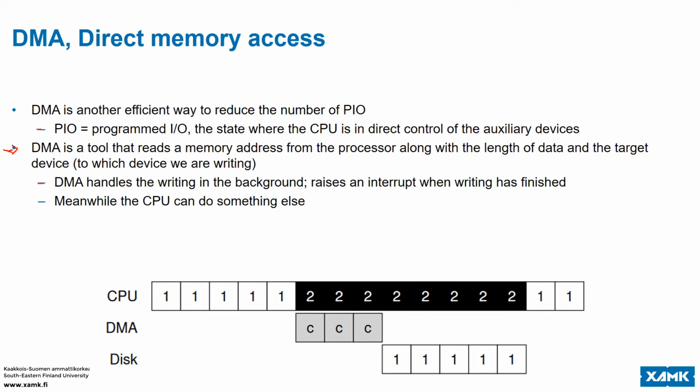And then DMA handles the writing in the background, and it raises an interrupt when writing has finished. Meanwhile, the CPU can do something else.